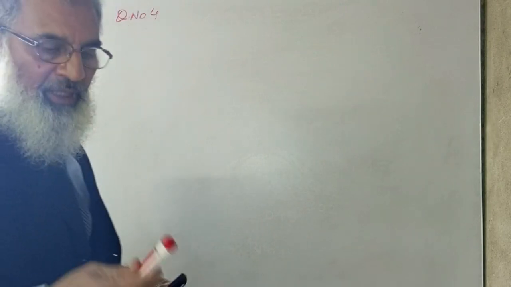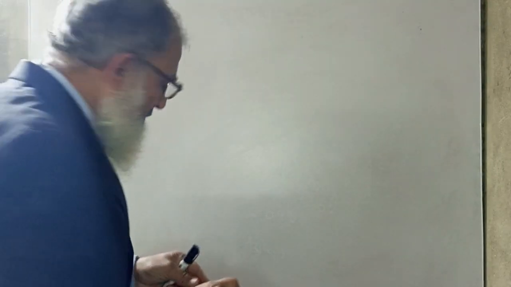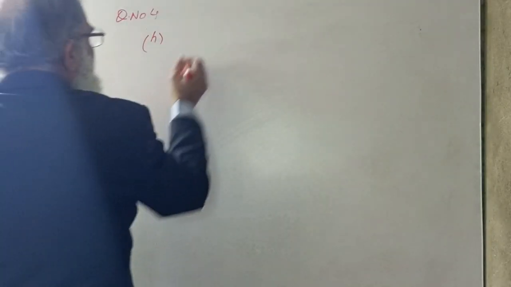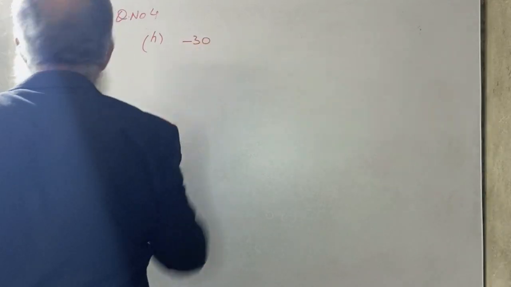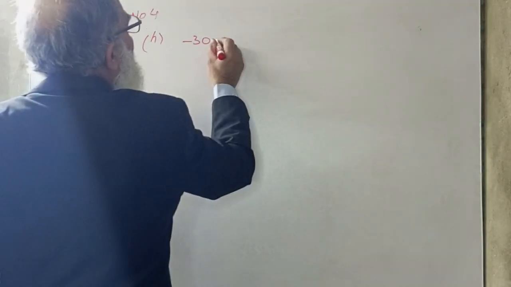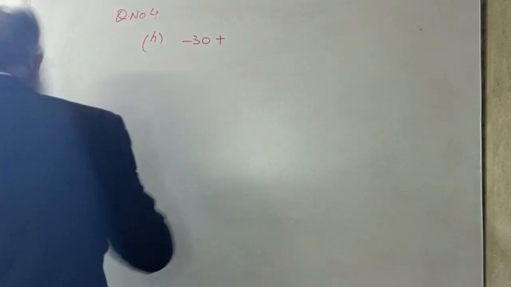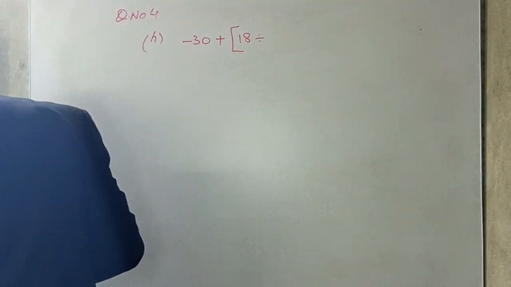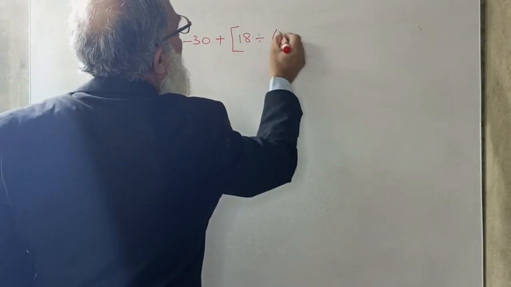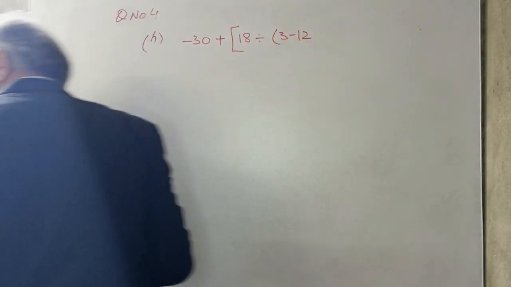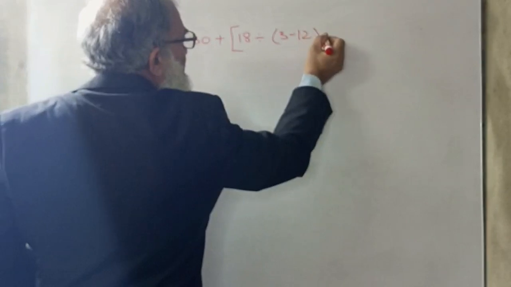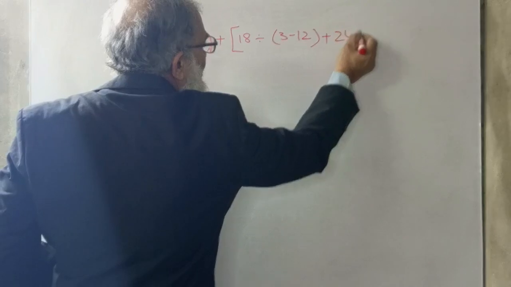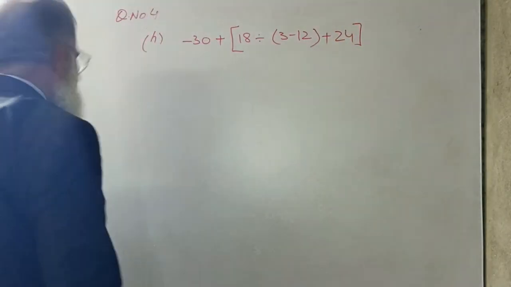Now dear students, maybe the last part of this session, and that is question number 4, part H. Another interesting question, minus 30 plus a square bracket 18, divided by 3 minus 12 and bracket is closed plus 24 and the square bracket is also closed now.